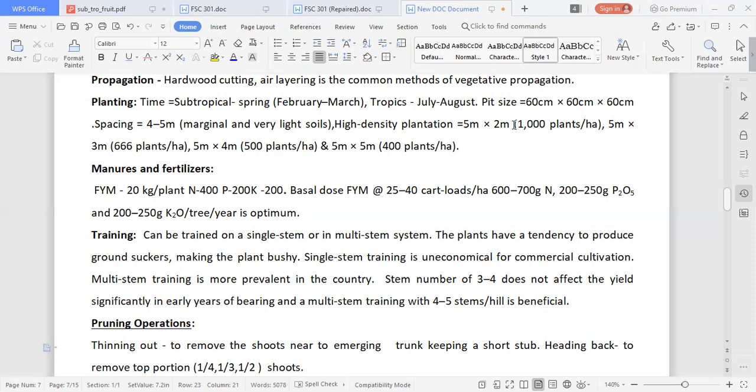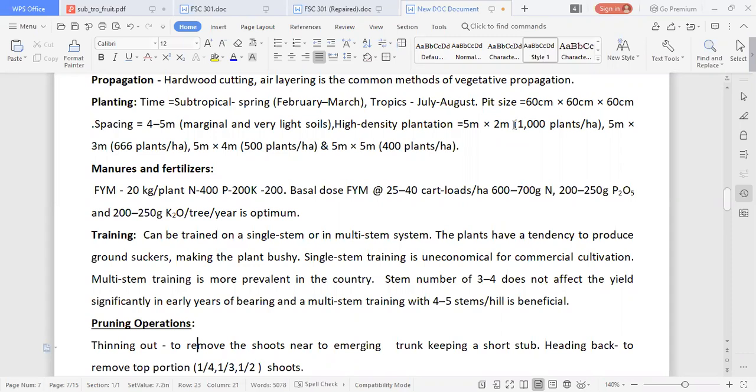So there will be so many stems, 3 to 4. Stem number 3 to 4 does not affect the yield significantly in the early stages of bearing.